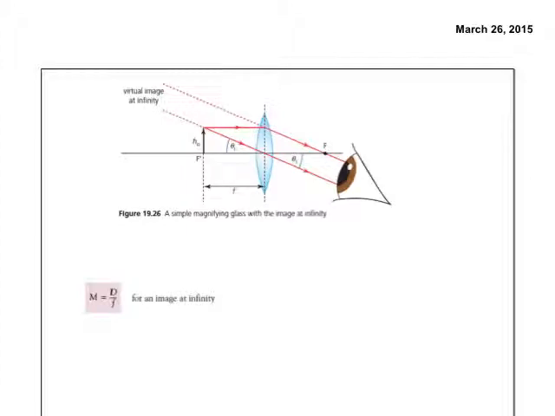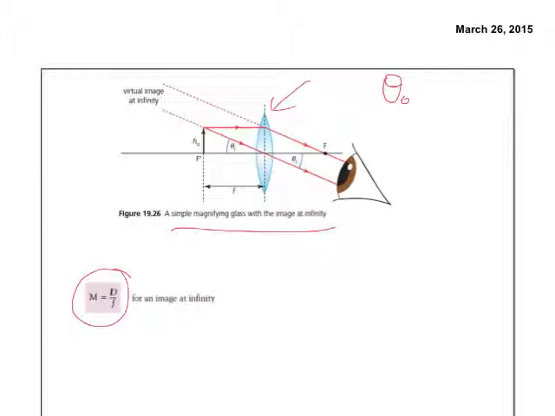Okay, so we're going to try this again, but this time for a simple magnifying glass with an image at infinity. And we should end up with this relationship. So let's start with, again, the first situation, which is what happens when you get rid of that lens and you consider the angle subtended to the object without the lens.